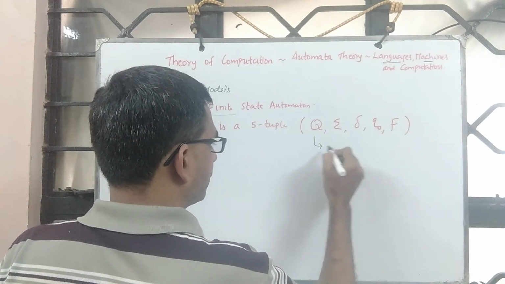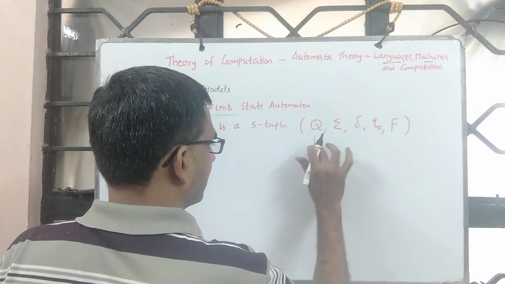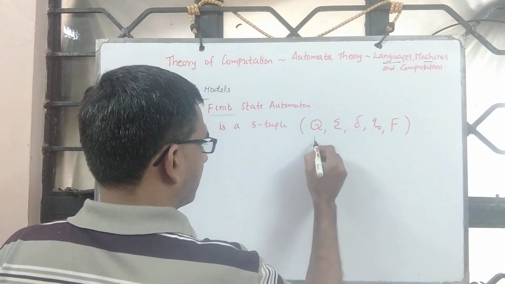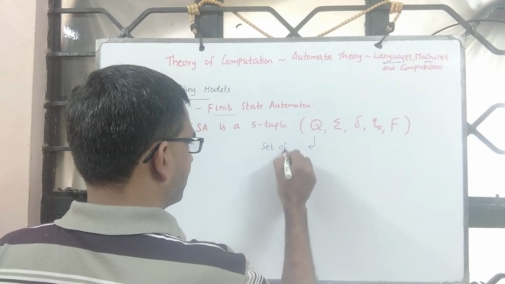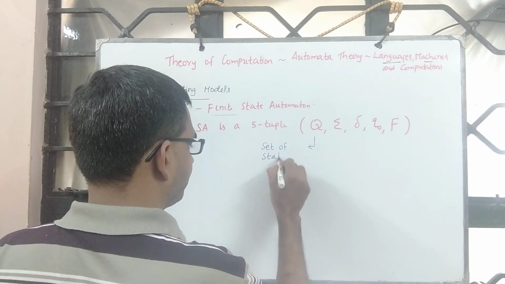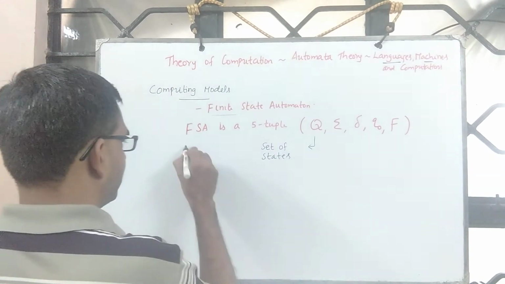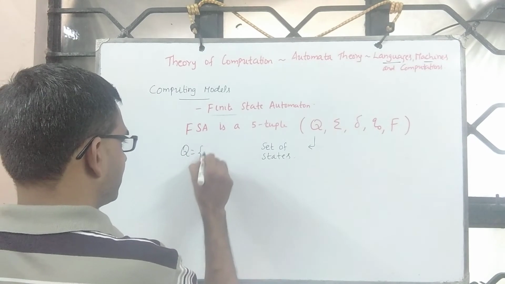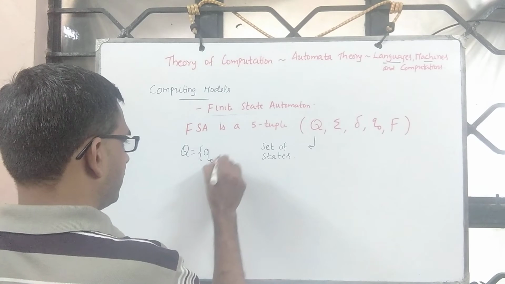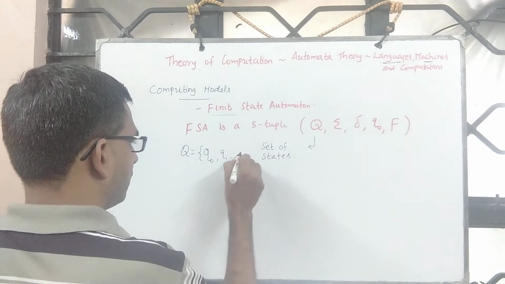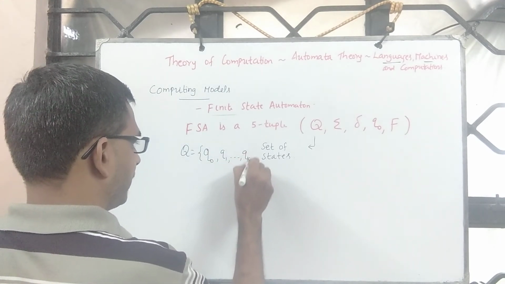What is Q? Q is a set of states, which means Q equals Q0, Q1 and up to say Qk.